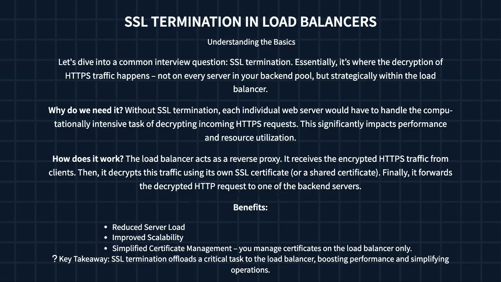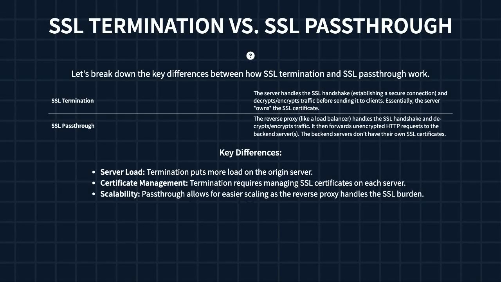Okay, so let's talk about SSL, specifically how it works with load balancers. You'll often hear terms like SSL termination and SSL pass-through. They sound similar, but they actually mean different things. With SSL termination, the server itself handles all the encryption and decryption. It's responsible for managing the SSL certificate.